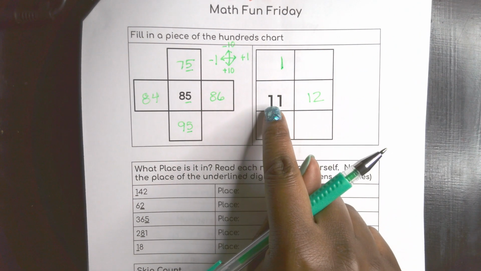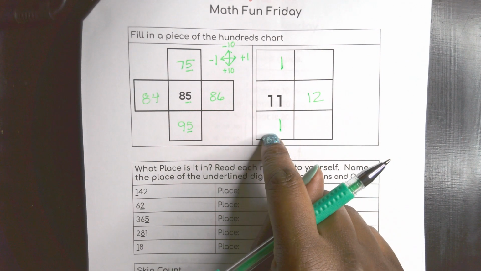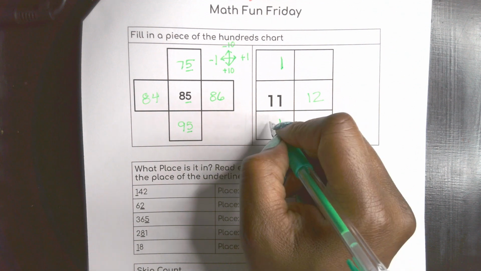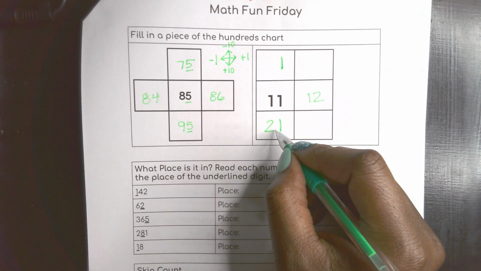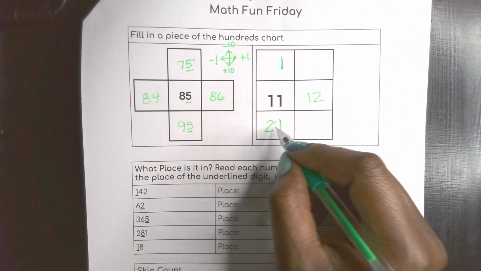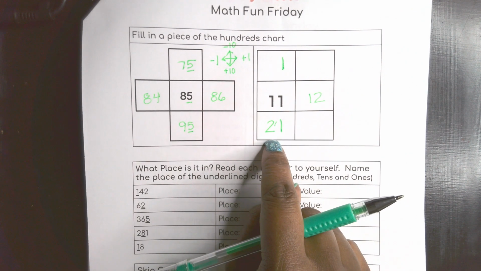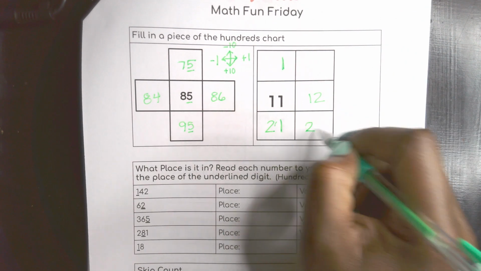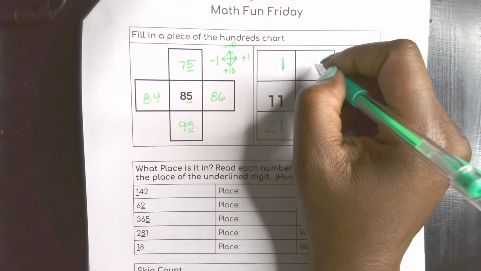If I add a 10, I would have 2 tens. Now it's really easy because once I go beside it, I'm just adding 1. So 21, this would be 22. 1, this would be 2.